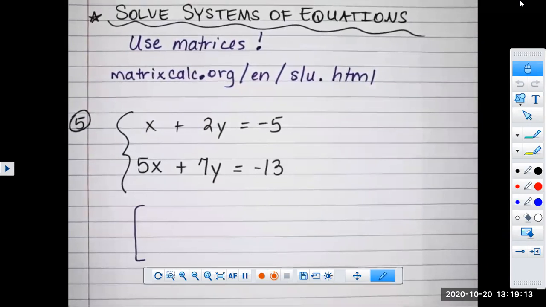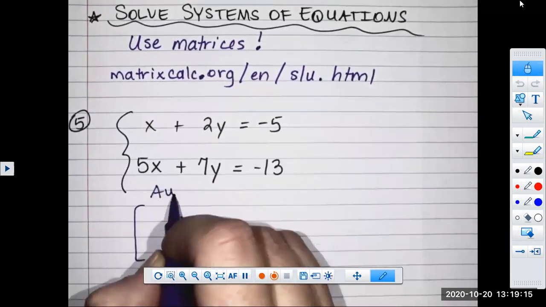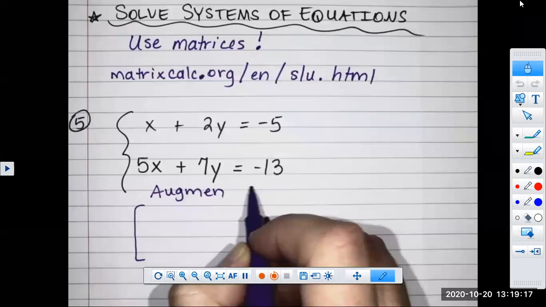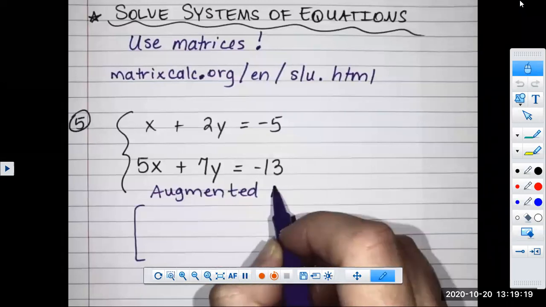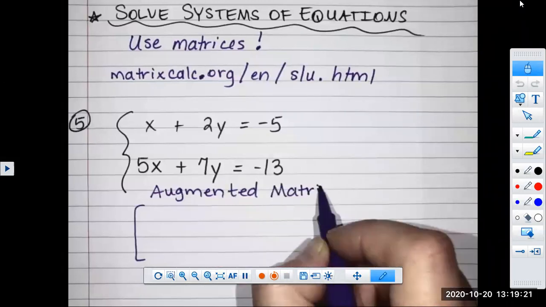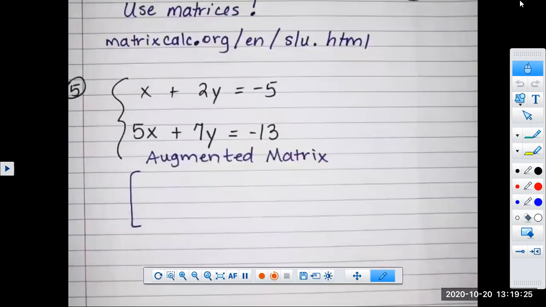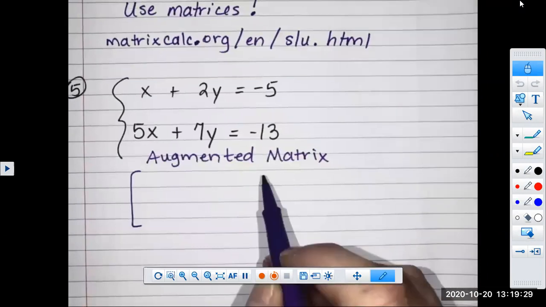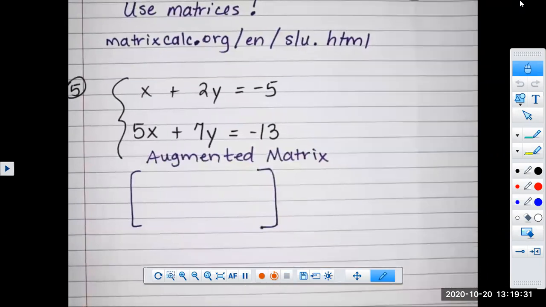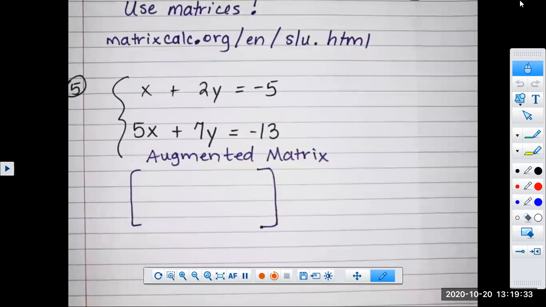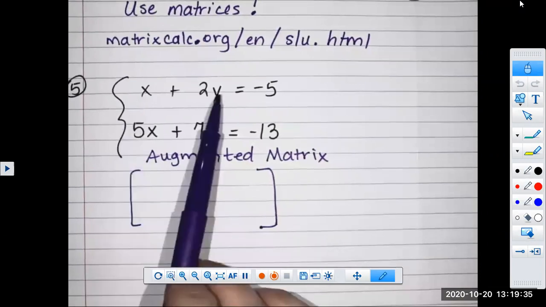Okay, the first thing we're going to do is create what's called an augmented matrix using the numbers that are in this system of equations. Take your coefficients of x and y.